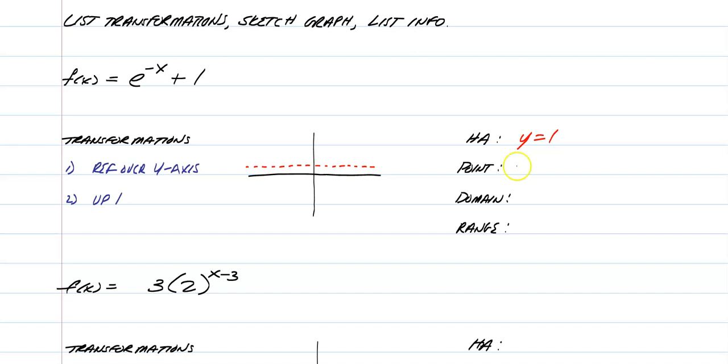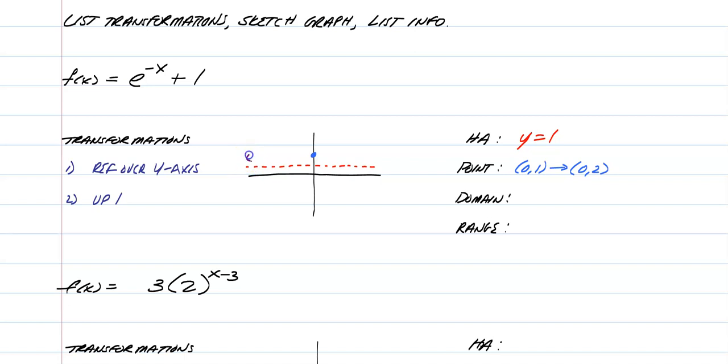And it's going to shift your point up 1. So remember, our point was always going to be 0, 1, but now we just shifted it up 1. Reflecting over the y-axis doesn't change it at all, because it's 0, 1, reflect, it's still 0, 1. Going up 1, however, will make this point 0, 2. So we're going to have 0, 2 right there. And we just graph both of our transformations. We're done.